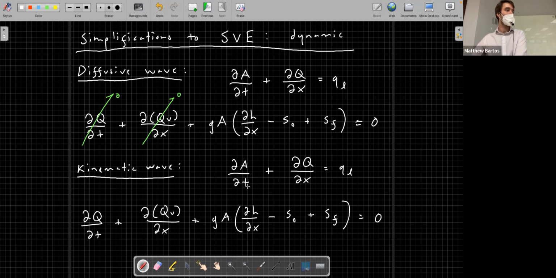And for kinematic wave, we're going to simplify it even further. So first, the system's going to be at static equilibrium. The sum of forces is going to be equal to 0. And we're also going to remove this hydrostatic term. So under the kinematic wave formulation, the gravitational force is going to be equal to the friction force. So friction and gravity will balance each other exactly.